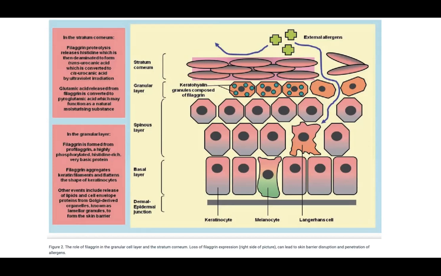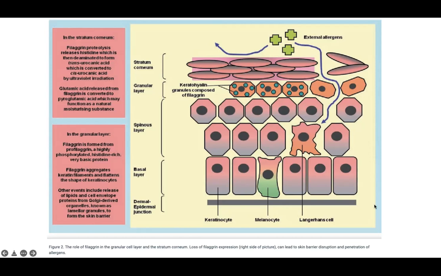So we don't have time to get into all those today, but I will leave this cartoon here for reference for you to be able to study the structure of the skin as well as the location of keratohyalin granules and filaggrin in the granular layer.